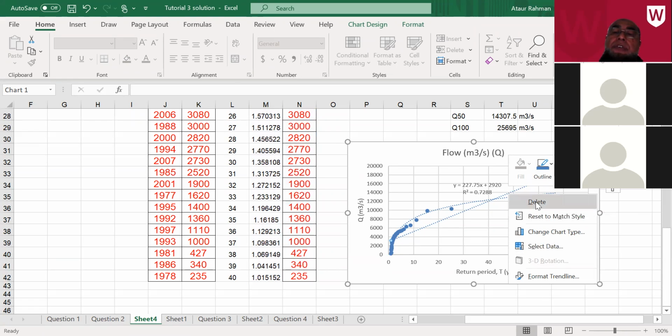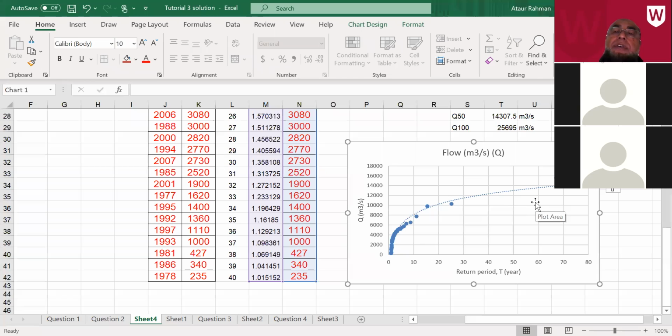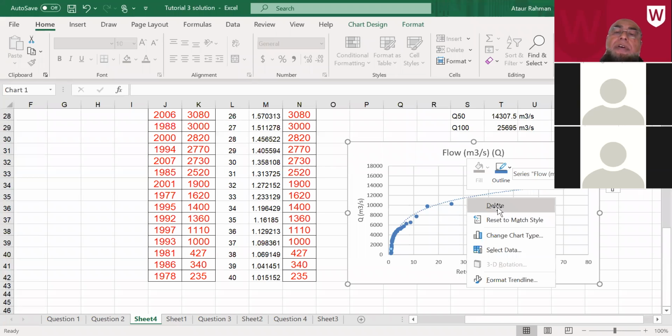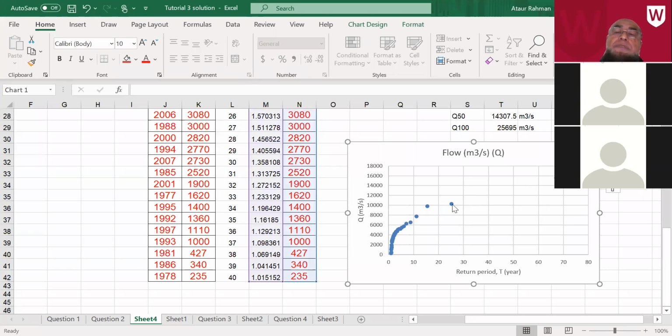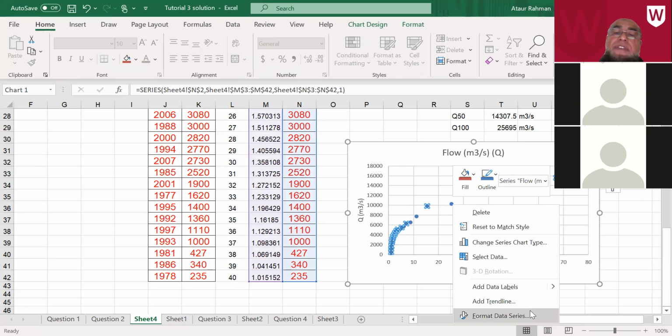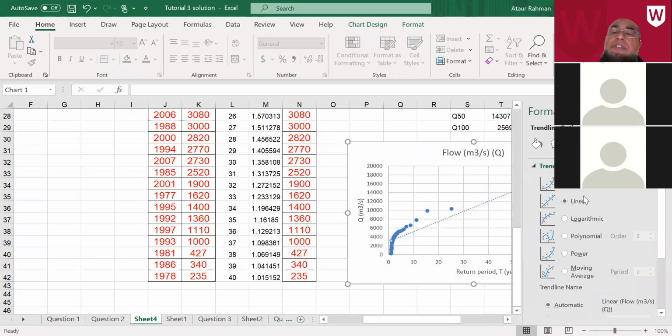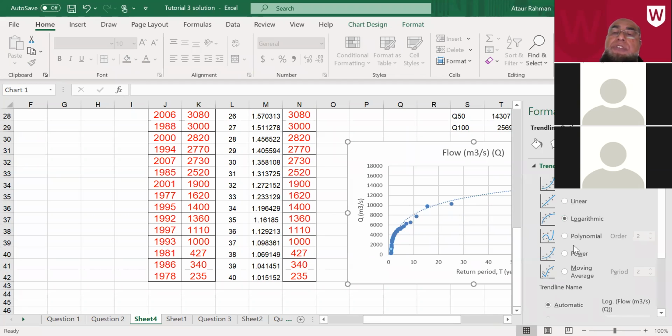So let us do that. Delete this line. Okay, let us do that logarithmic setting and see what is the difference in our estimation. So at trend line, this time we want to do logarithmic because it's a logarithmic shape of the curve.